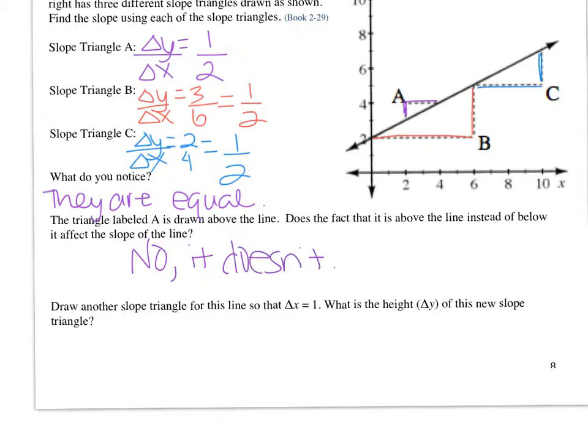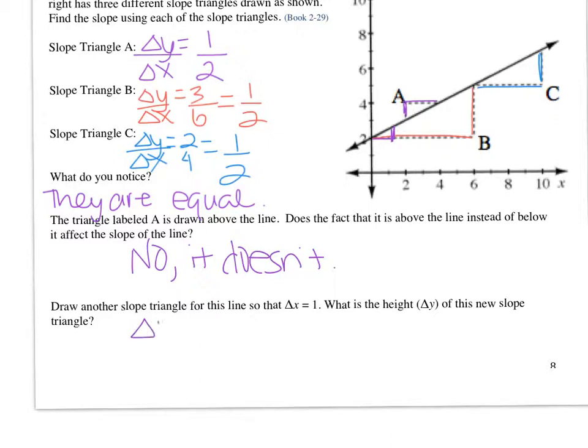Draw another slope triangle for this line so that change in x is 1. What is the height, change of y, of this new slope triangle? So if we draw a slope triangle, let's say right here, and we go up, we can see that it is not exactly at 3. So it's kind of in between 2 and 3.